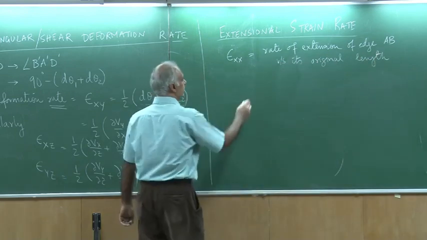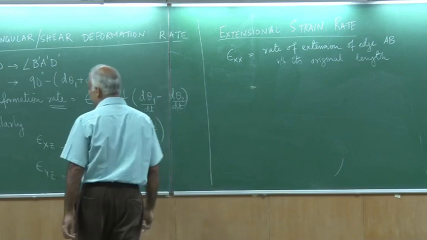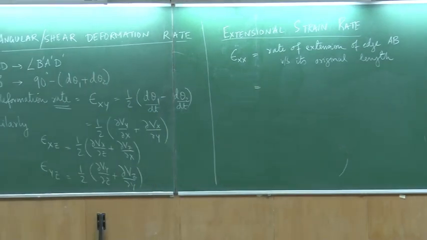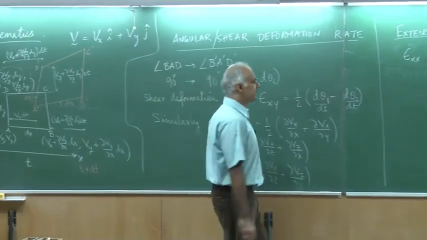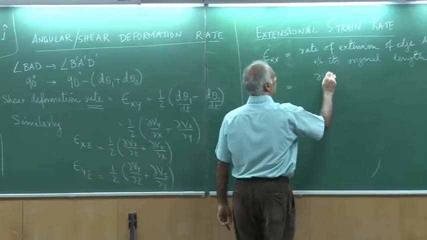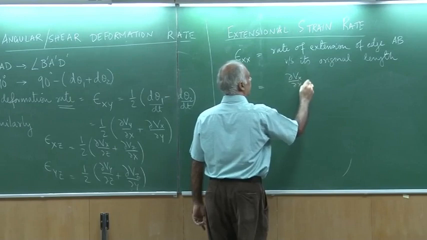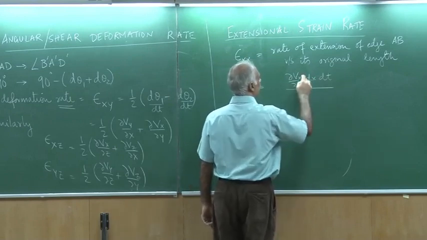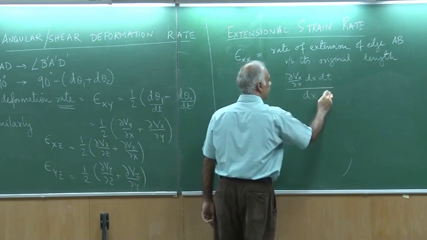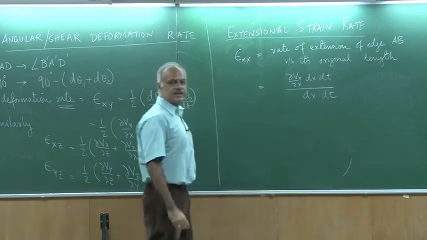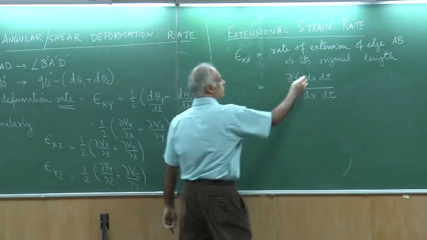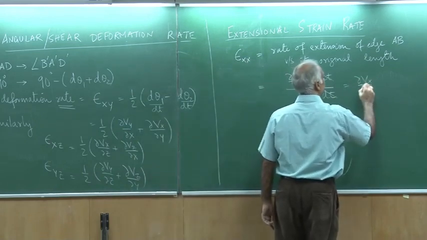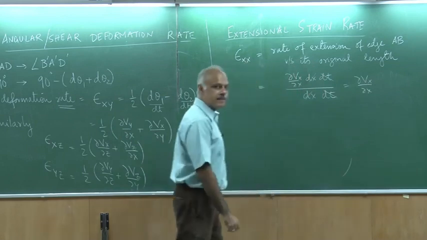Okay. So, I should be able to work that out. It is only because of this quantity over here, del Vx by del x. So, this is del Vx by del x dx dt, and then I would have to divide it by dx, but then it is also a rate. So, there is another dt. These two cancel out and I get del Vx by del x.